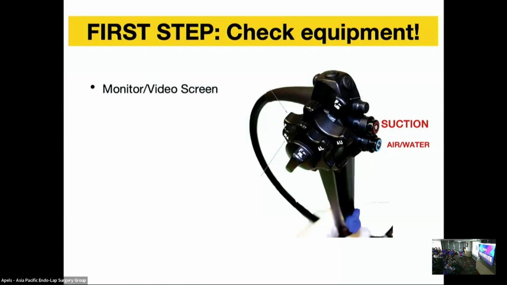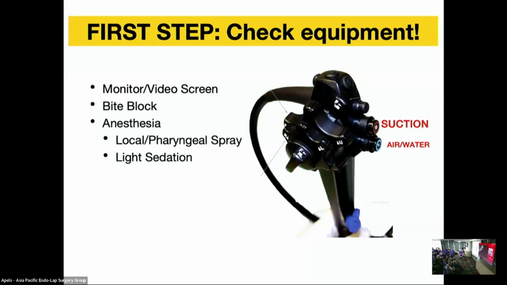What we always tell our trainees is that you have to check your equipment. Do not rely on your assistants, on your nurses. You should check your equipment. Of course, check your monitor, your video screen, that your patient's name is there as well. The bite block, or the mouth guard.